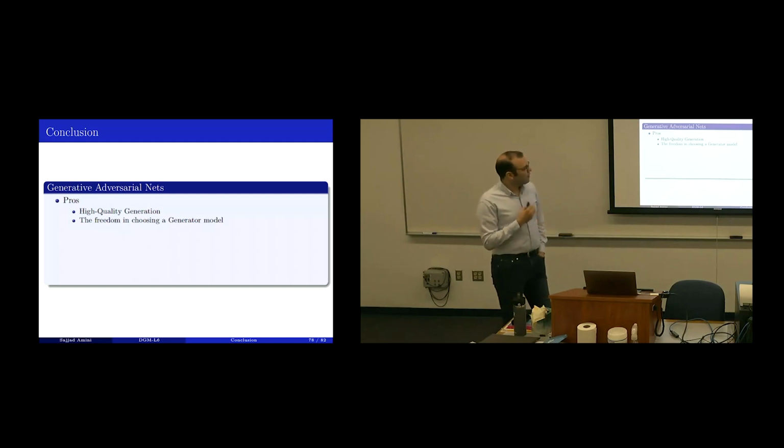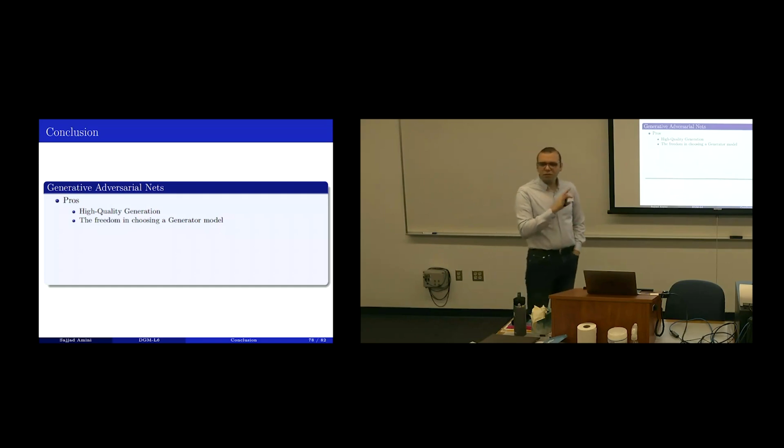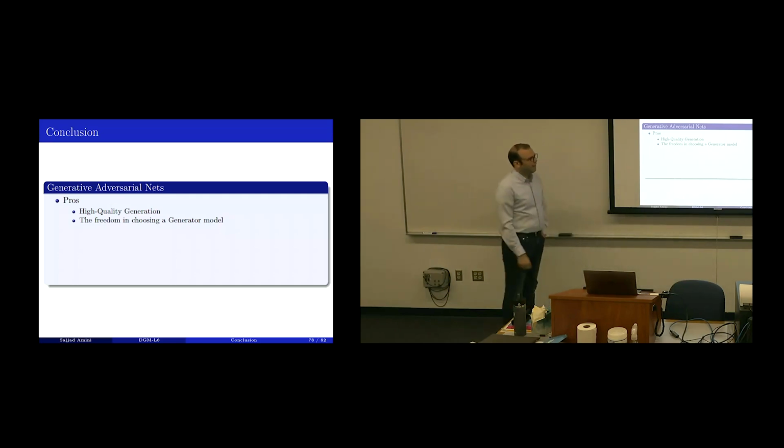You have lots of freedom in choosing the generator. Why? Because it is likelihood free. You do not have any consideration about computing the likelihood. You just have a model that transfers you from the latent into the observed data, and this can be any model that can provide you with the input and output dimensions. There is no restriction.